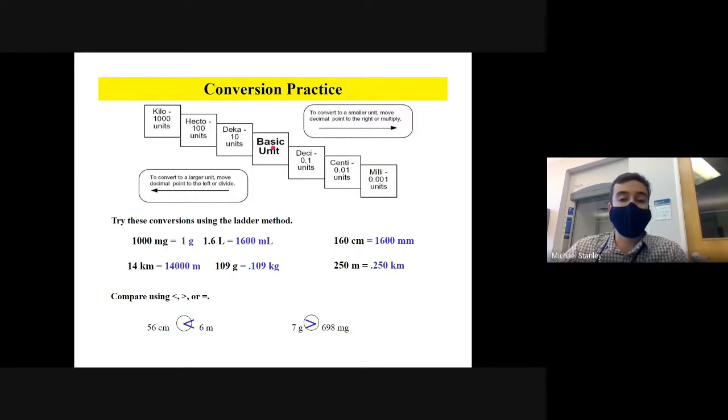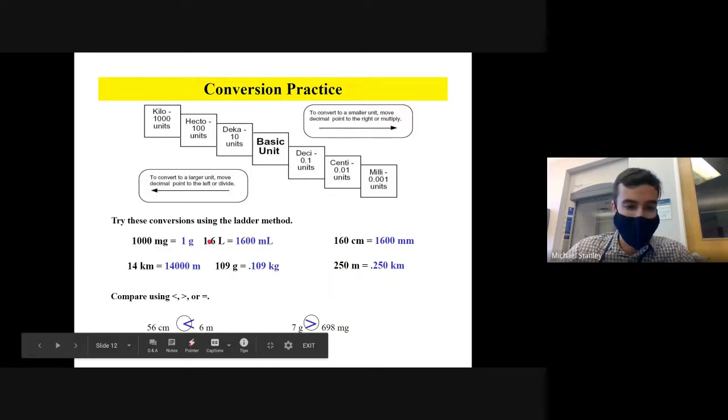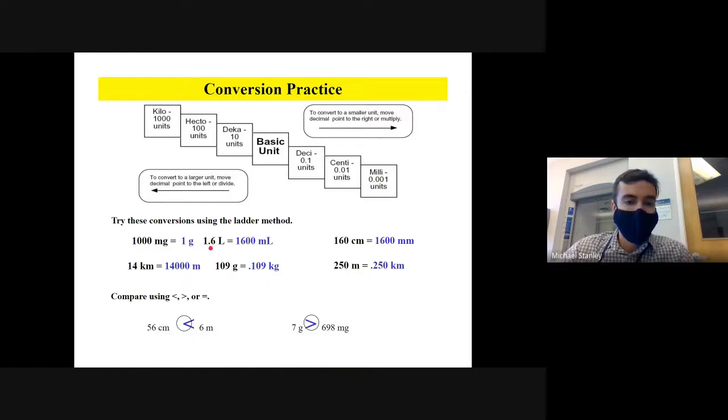Start off with liters, and we're going to go 1, 2, 3 jumps to the right. So we take our decimal point, which is already listed for us in between the 1 and the 6 here, and we're going to go 1, 2, 3 jumps to the right. So, okay, decimal point here. 1, 2, 3 jumps to the right. So now the 6 is 1 jump.